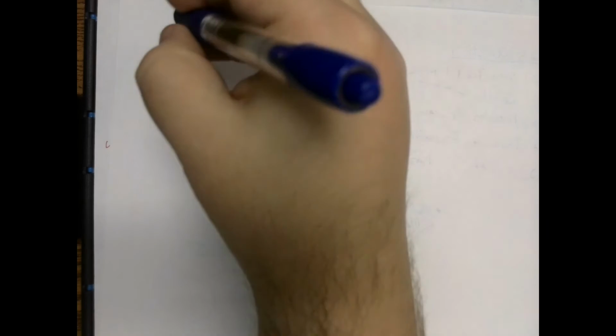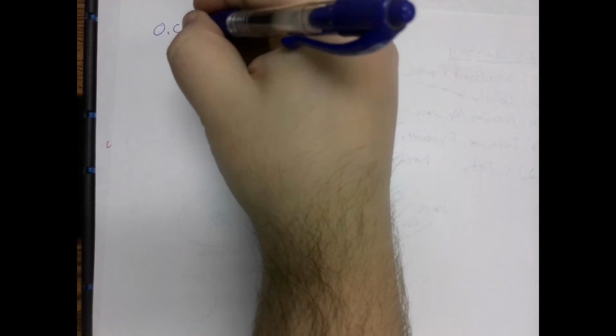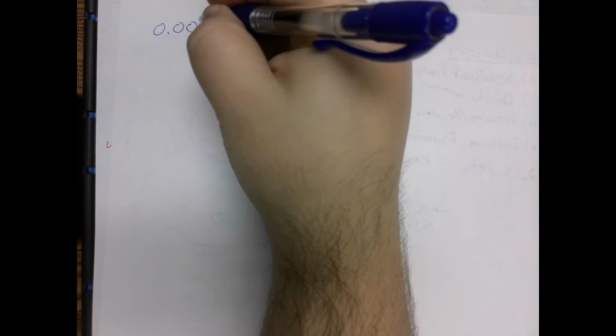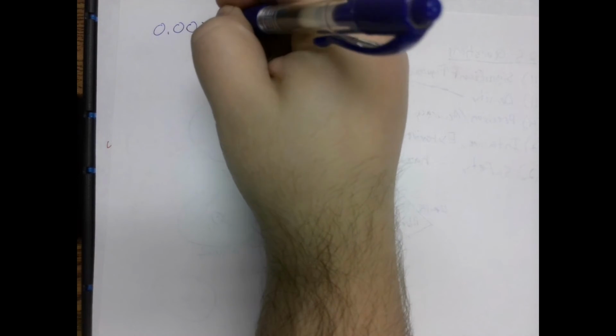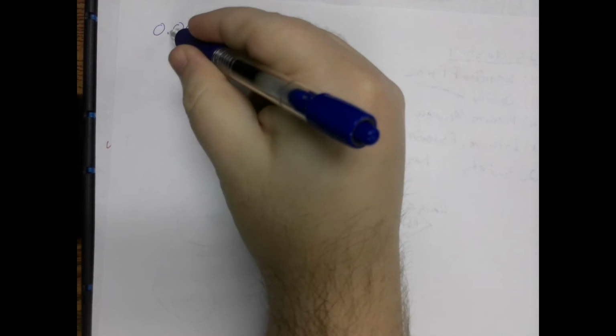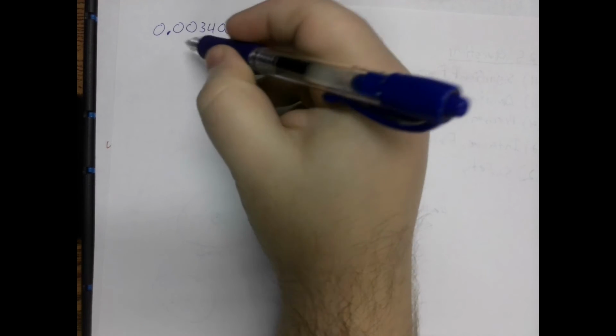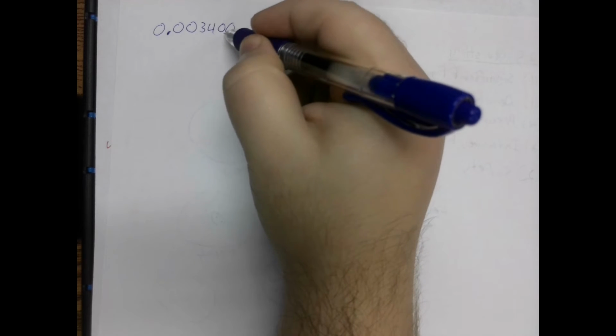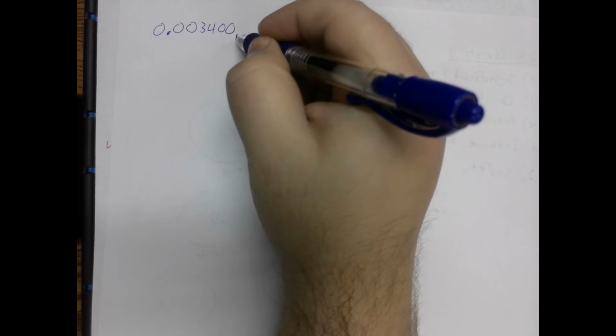So doing some examples. How many significant figures does this have? This has 4. If there's a decimal, we include trailing zeros.